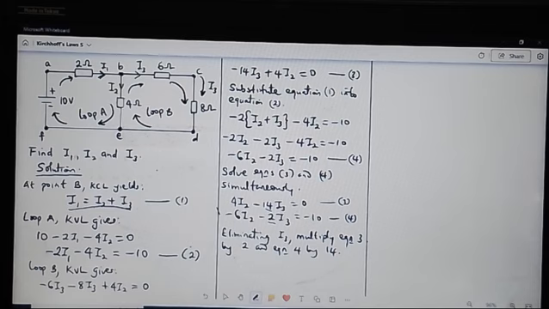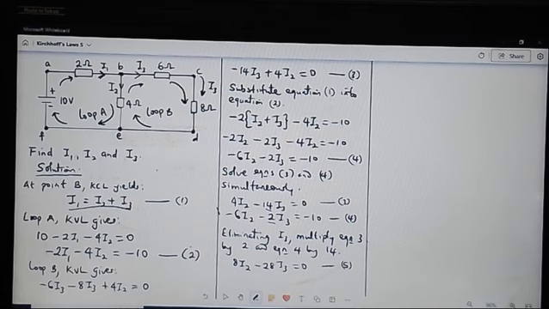If we multiply equation 3 by 2, we have 8I2 minus 28I3 is equal to 0. We can call this equation 5.